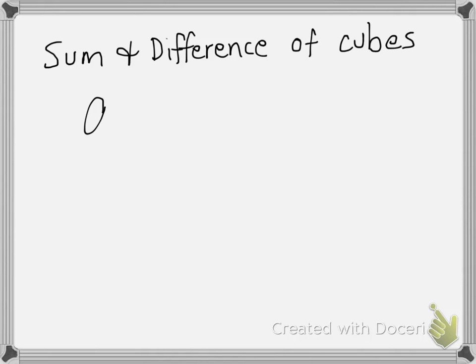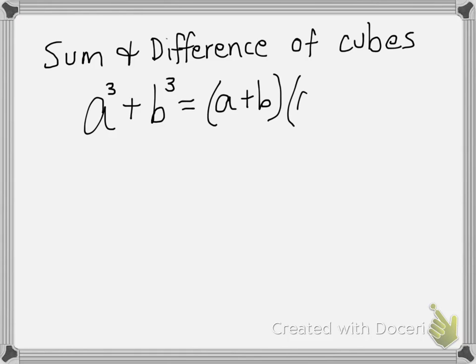So first we'll do the sum of two cubes. So if I have a cubed plus b cubed, that's the sum of two cubes. Here's how you factor it: a plus b times a squared minus ab plus b squared.